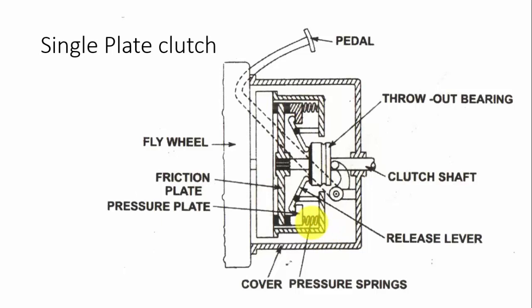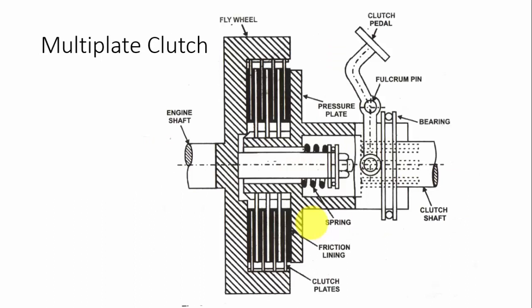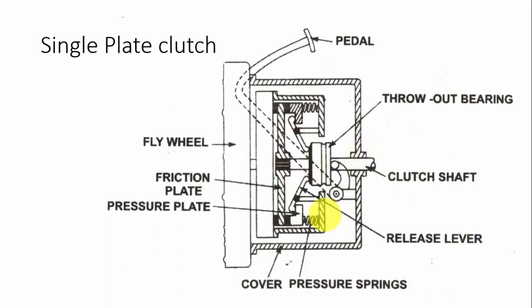Let us move to the next type of clutch, that is the multi-plate clutch. In a single plate clutch there is only one surface in contact, and the torque conveyed by this single plate clutch will be less because there is a small area which transmits the power through friction.